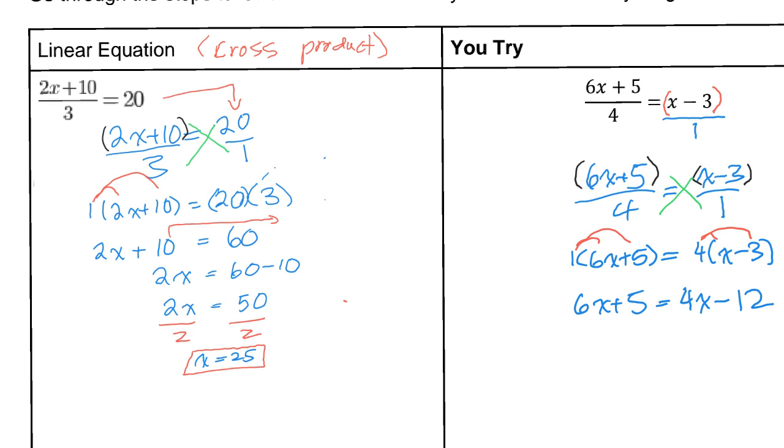Now the key to make your life easy is to move all your x's to one side. So I'm going to take this 4x and move it over to this side, right beside the 6x. So you're going to get 6x minus 4x plus 5 is equal to negative 12.